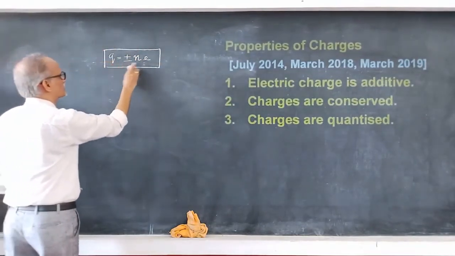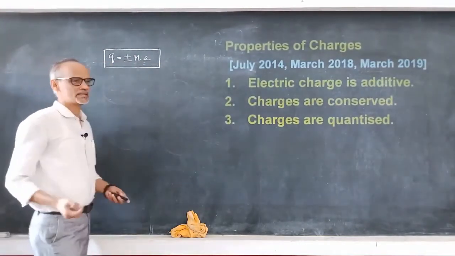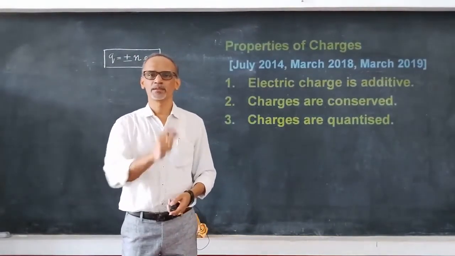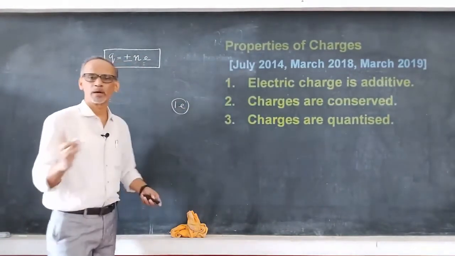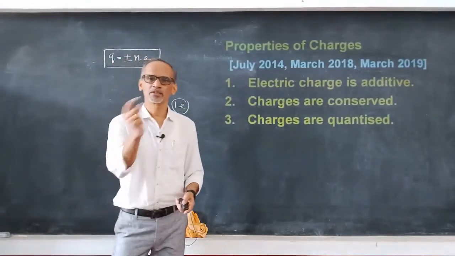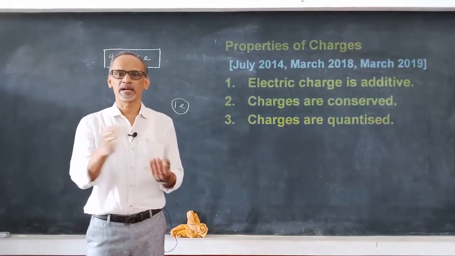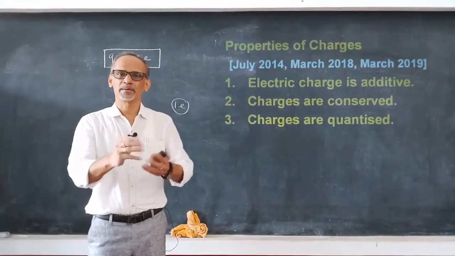Q is equal to plus or minus Ne. What is the least charge that can be transferred from one body to another body? This is the least, 1e. That means the least charge that I can transfer is that of 1 electron. I cannot transfer half an electron or 1/4 of an electron. We can't cut an electron into parts and then transfer.